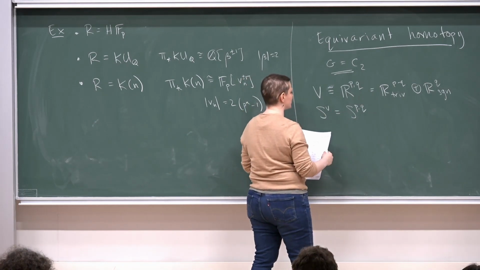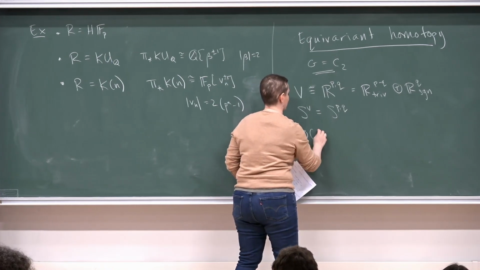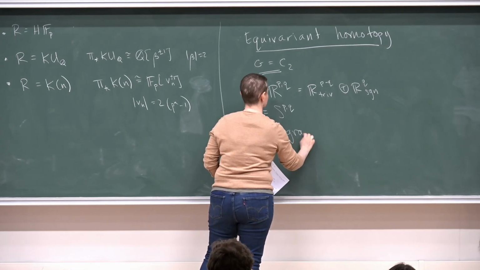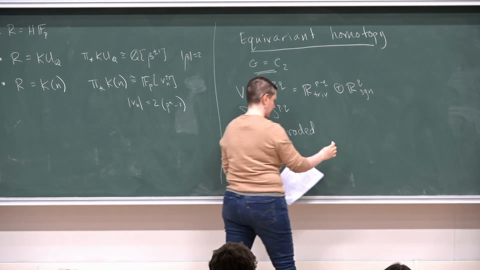Because of these two irreducible representations, we have RO(C2)-graded cohomology as a bi-graded theory.